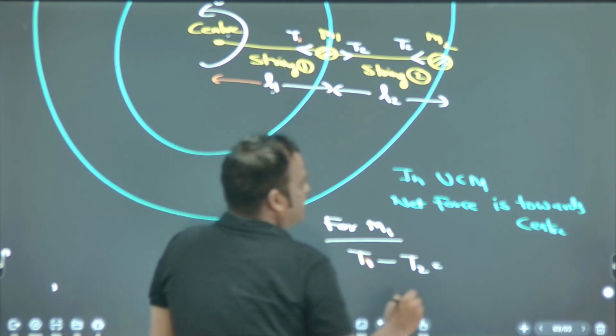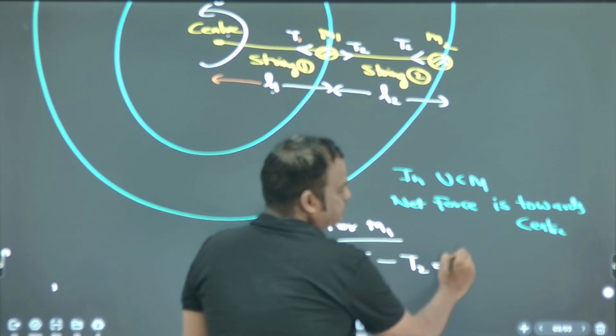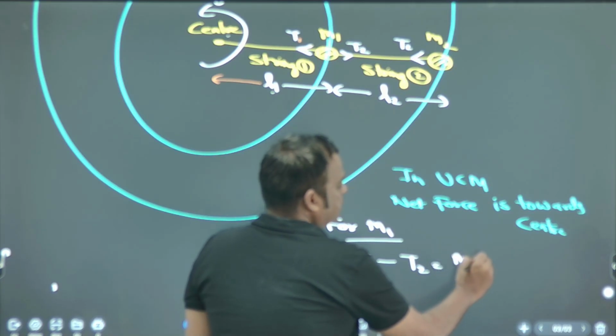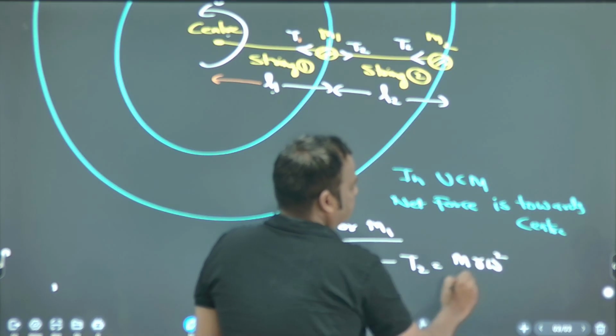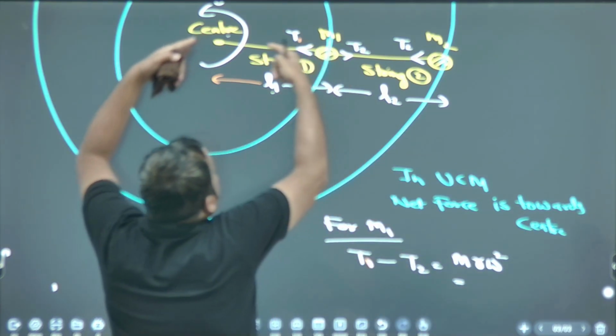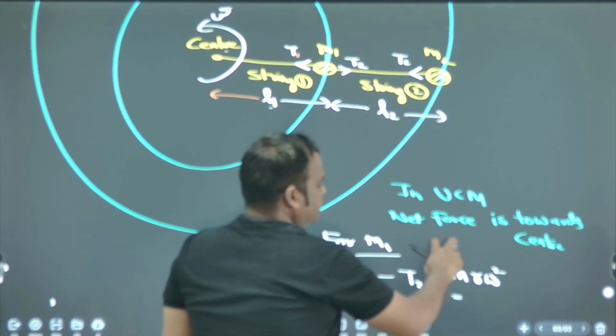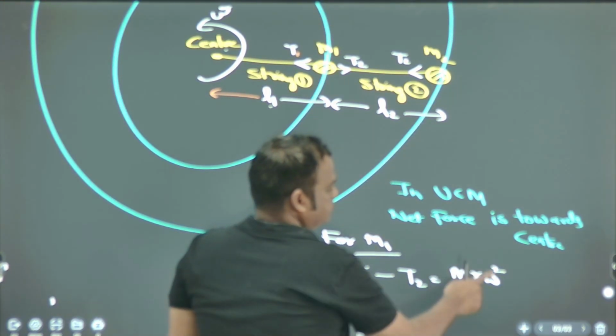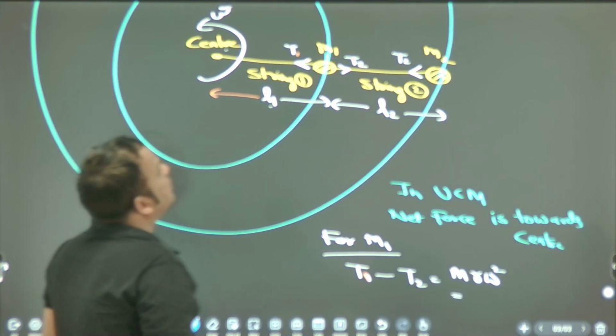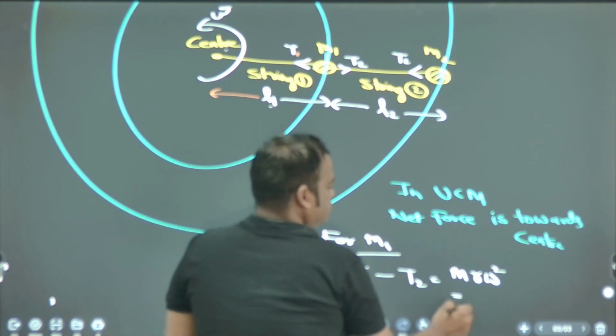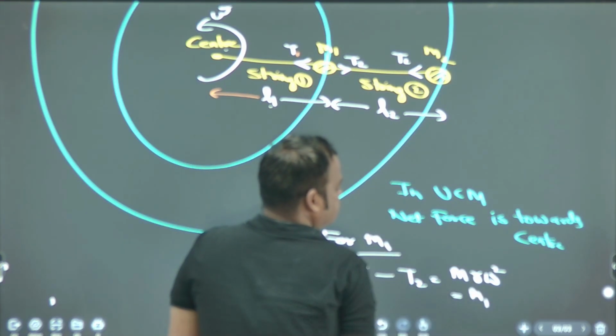And what is the formula for net force towards center? m r omega square. Omega is given. So tell me, what is T1 minus T2? m r omega square. What is r here? L1. Mass here? M1.